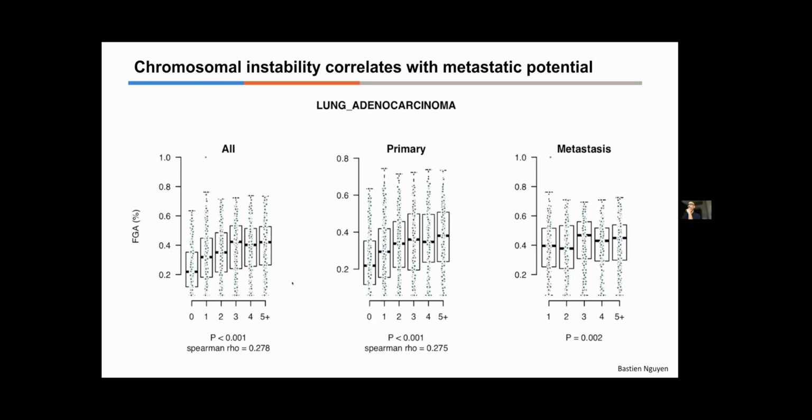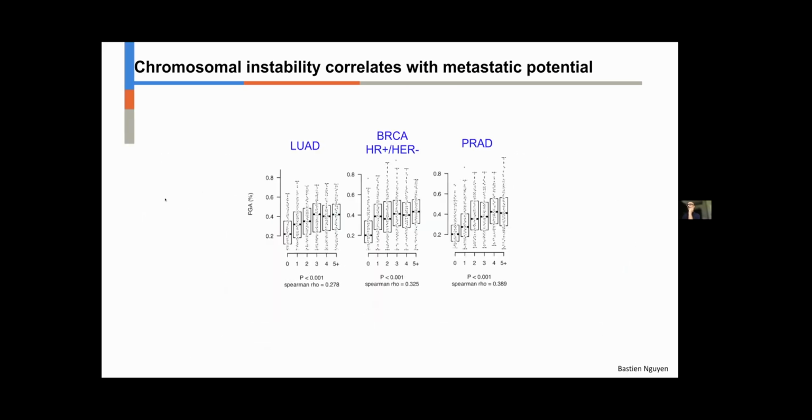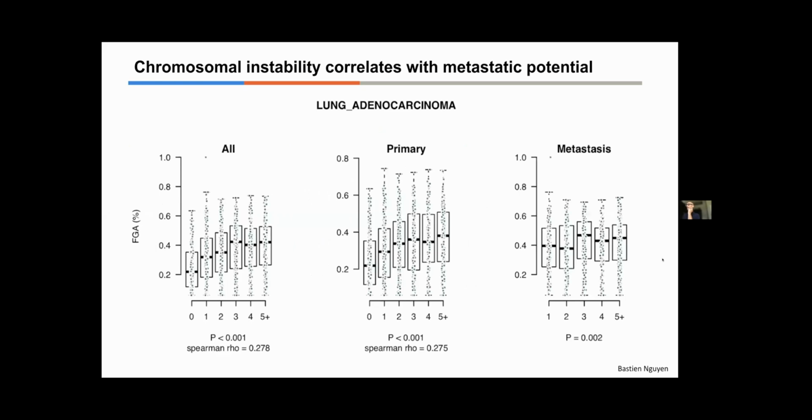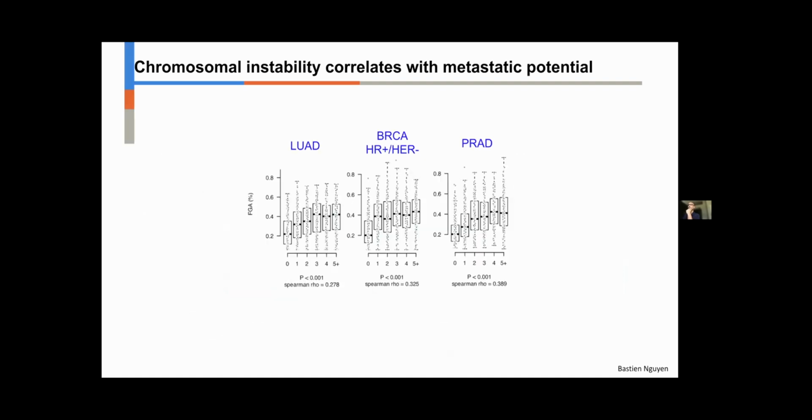And so, if you look at all genomically sequenced samples here, you can see an upward trend. But if you break down by primary and metastasis, you see that the primary increases. But if you already have metastatic disease, the FGA doesn't really change so much here. It's still significant, but it's much flatter. So we thought that was interesting.